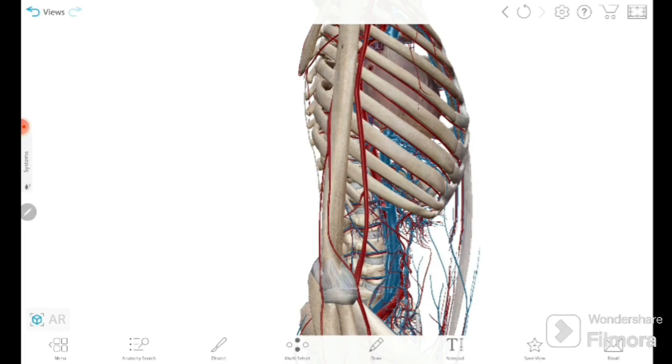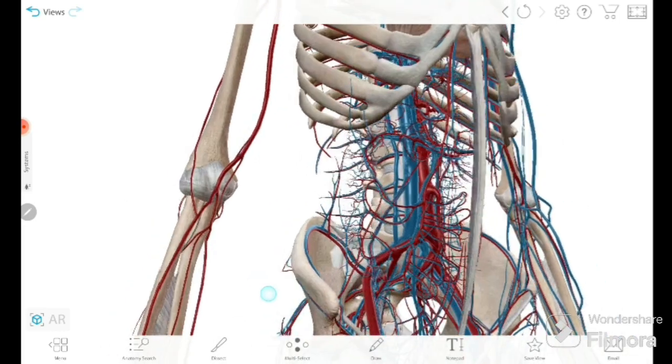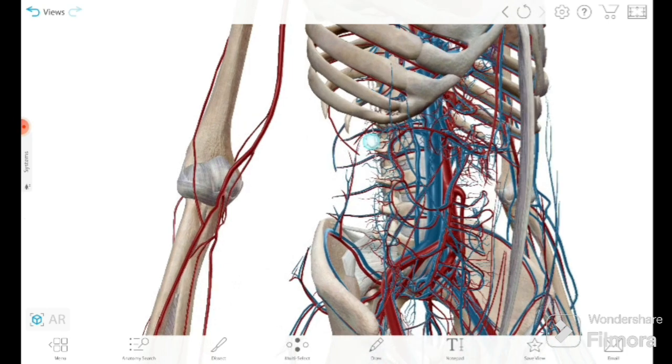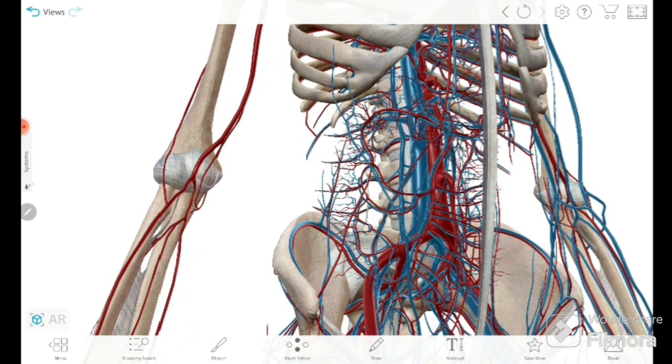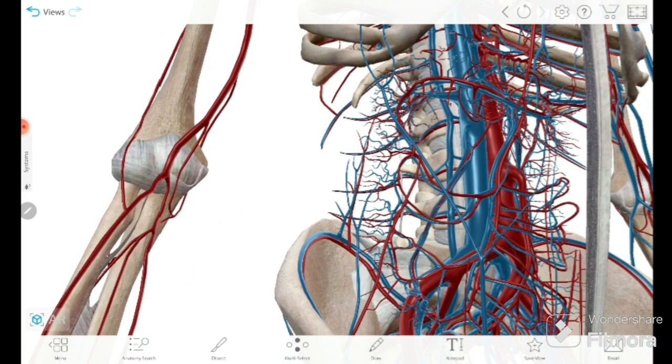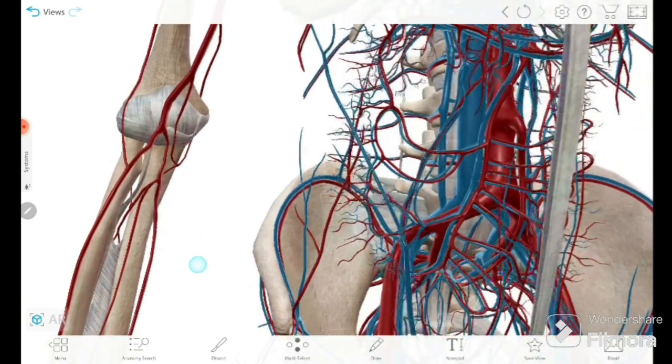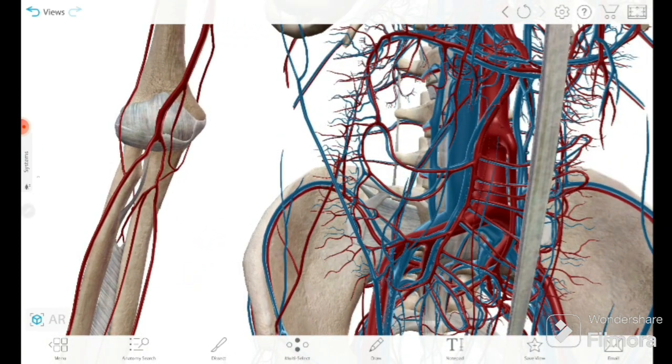Now we will see the four ascending arteries. So this over here is the brachial artery dividing into the radial artery and the ulnar artery. Now if we zoom in further, we can see that the ulnar artery is giving off two branches, one which is traveling anteriorly and the other which is traveling posteriorly.